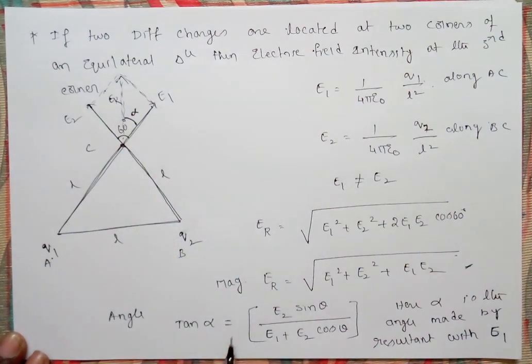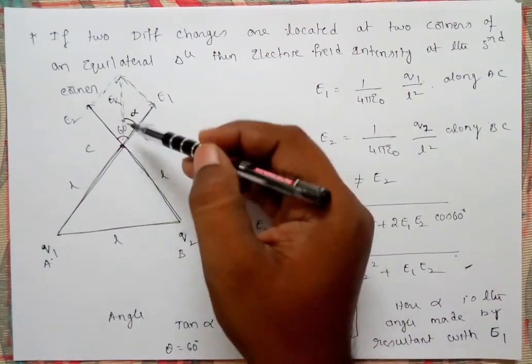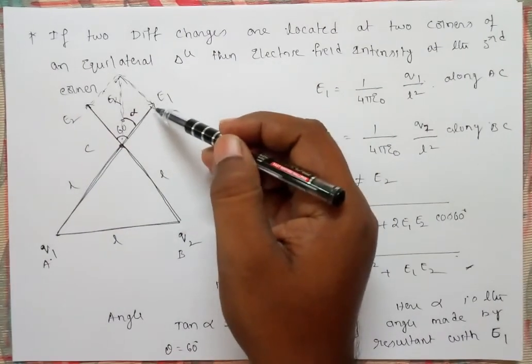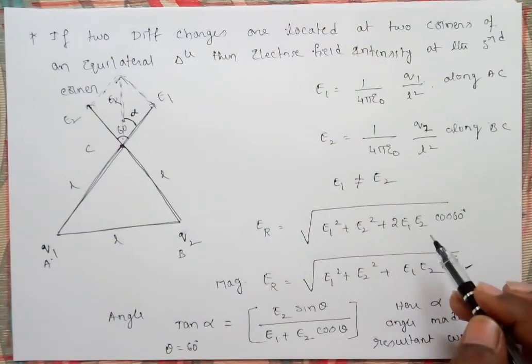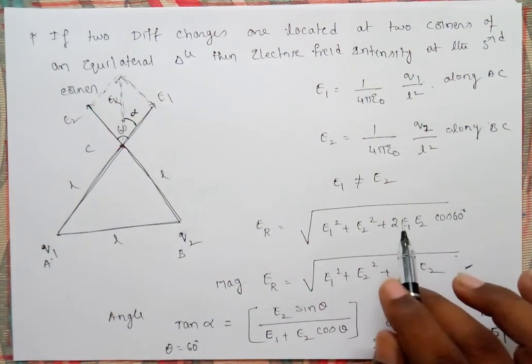So tan alpha equal to E2 sin theta by E1 plus E2 cos theta, from the parallelogram of vectors. Once you refer to it, you will know this formula. In this, alpha is the angle, and theta is 60 degrees here. If you substitute it, you will get alpha, that is the angle made by this resultant with E1. So in this way you have to solve it. We can do one example in the next session.